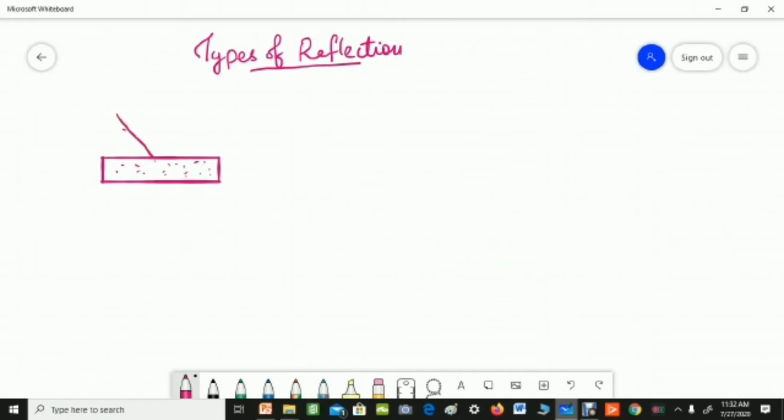I am drawing an incident ray. When a beam of light is incident on a smooth and highly polished surface like a mirror, the rays of light remain parallel even after reflection. This is reflected light.